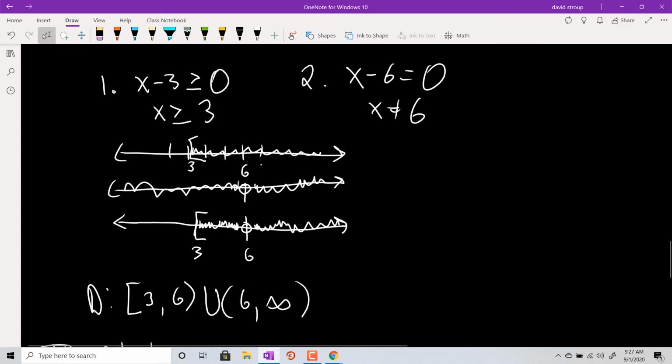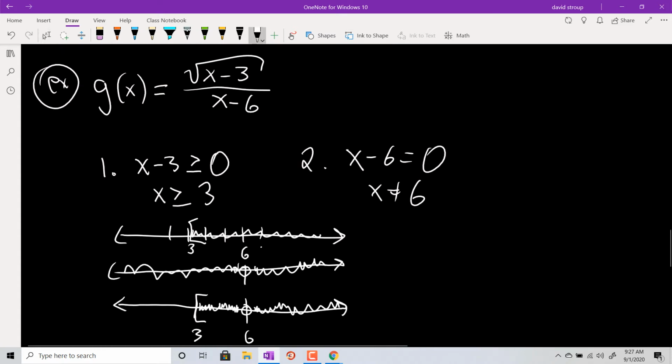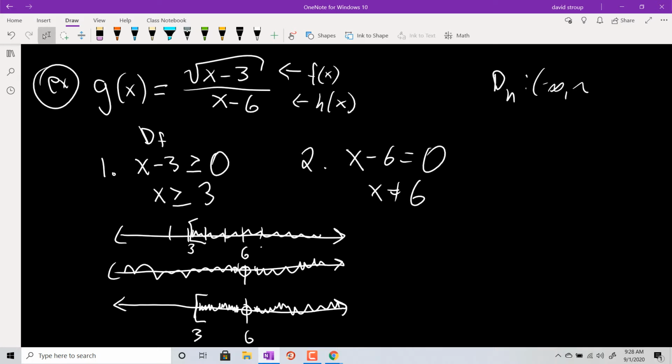Okay, so if you look back at the last problem we did, the top part, in our context, would be something like, let's call it f of x, and then the bottom part would be some other, I guess I can't say g of x, but h of x. So this is the domain of f of x, and the domain of h of x would have been all real numbers, negative infinity to infinity.